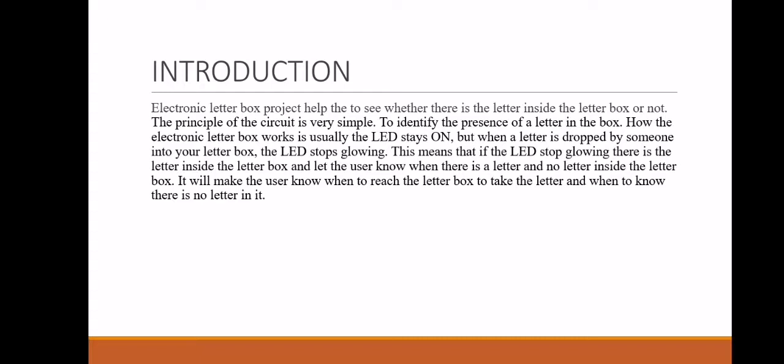This means that if the LED stops glowing, there is a letter inside the letterbox. It lets the user know when there is a letter and when there is no letter inside, so they know when to reach the letterbox to take the letter.